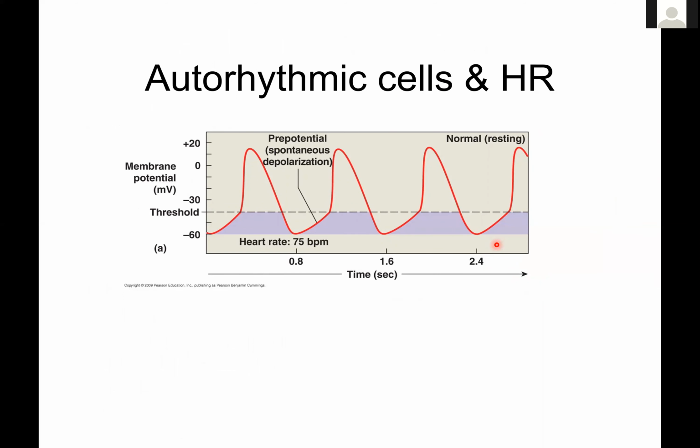Okay, so let's come back. I asked you a question about this very thing in the beginning of this, just to see where everybody's mind was at, but now we'll address it directly. So remember, our pre-potential is this little drift towards threshold, but you can make this last longer or shorter, right?